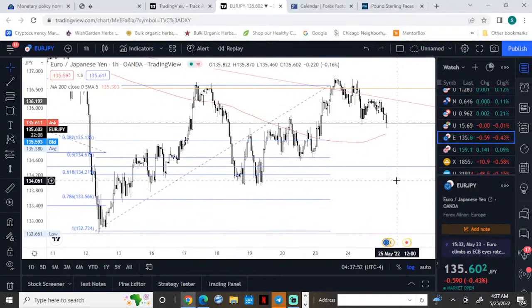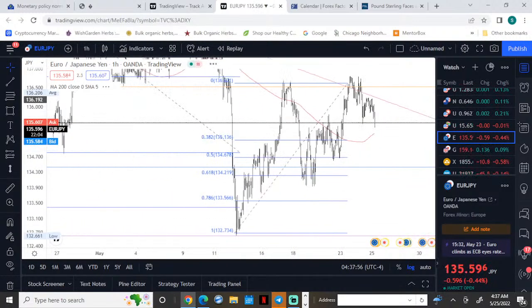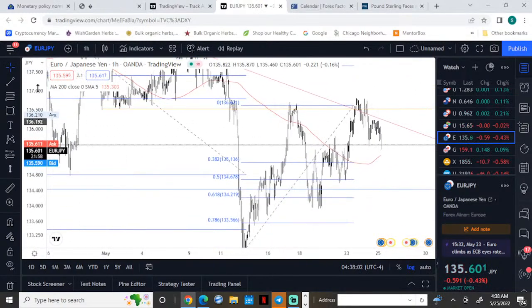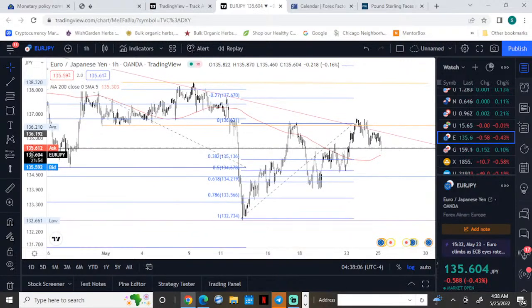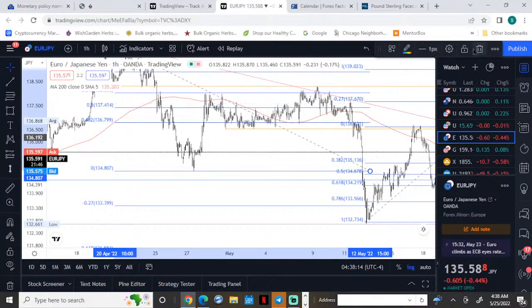EJ. I'm just watching EJ too. I see a lot of people trade EJ. It lines up perfectly with the fib. I'm going to delete this old fib here.